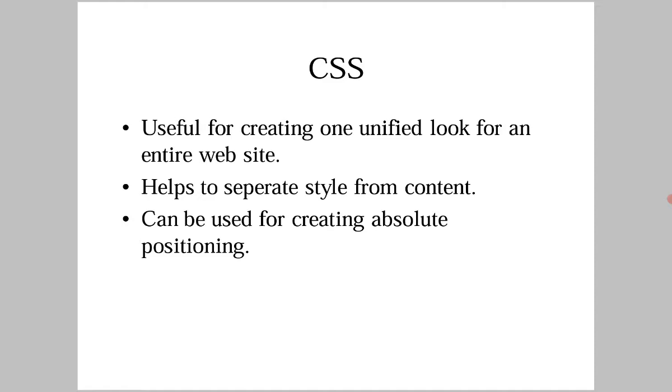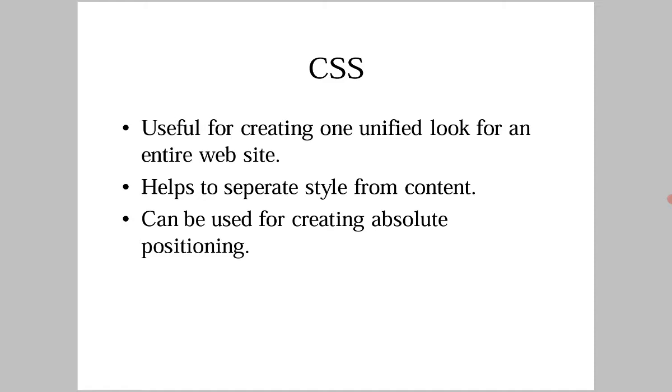What is a unified look? Unified means using the same fonts, the same font sizes, the same foreground and background colors, the same themes, borders, thicknesses, and all these things are called unified programming.